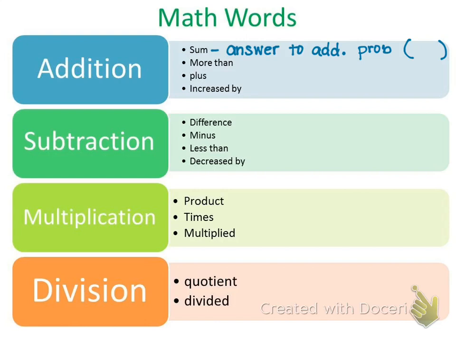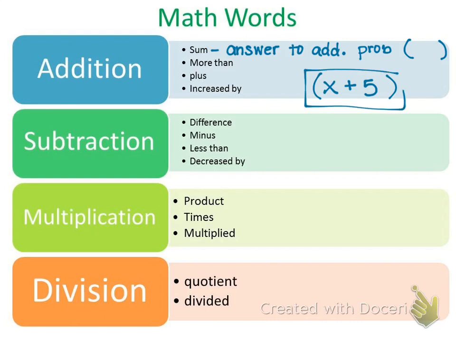So if the sentence were to say, the sum of, so I know I see the word sum, I know I need parentheses, I know sum means addition, so I write the sum of a number and 5. Now, a number, they didn't tell me what that number is, so that means I'm going to use a variable. So a number and 5. That's how you would translate that sentence, the sum of a number and 5.